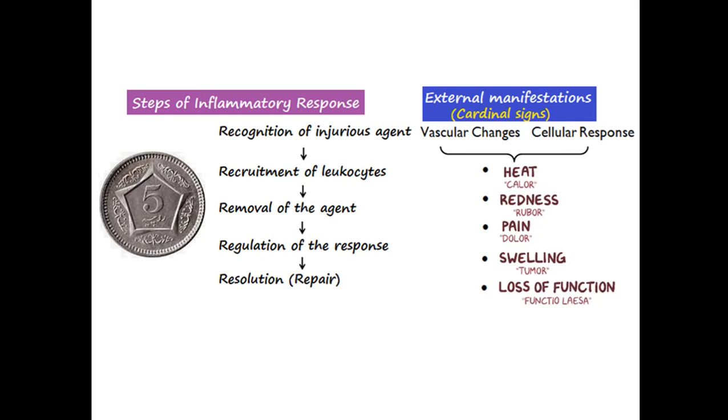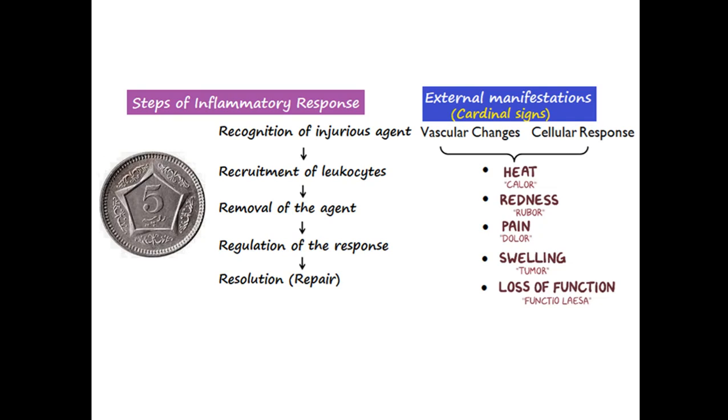Heat: whenever the blood supply to a tissue is increased, it will automatically produce warmth in that area. Secondly, the area will become red. During inflammation, various cytokines are released, and moreover stretching of the sensory nerve endings will cause pain.